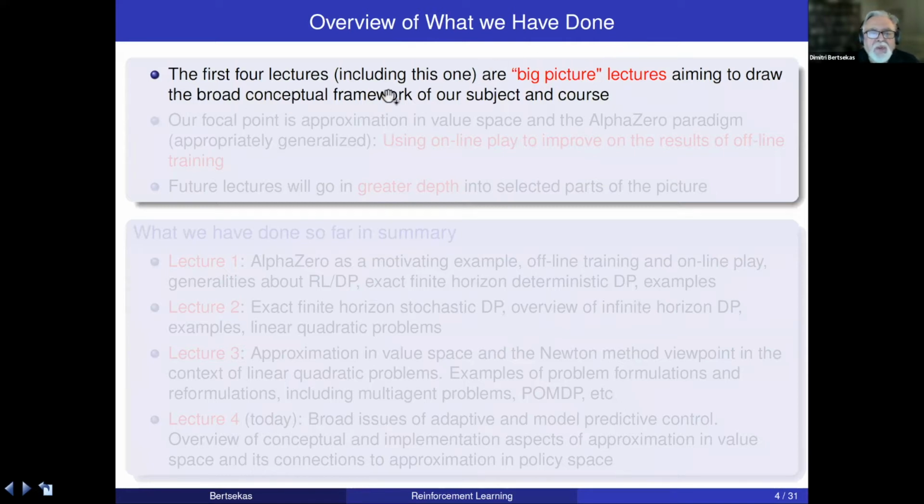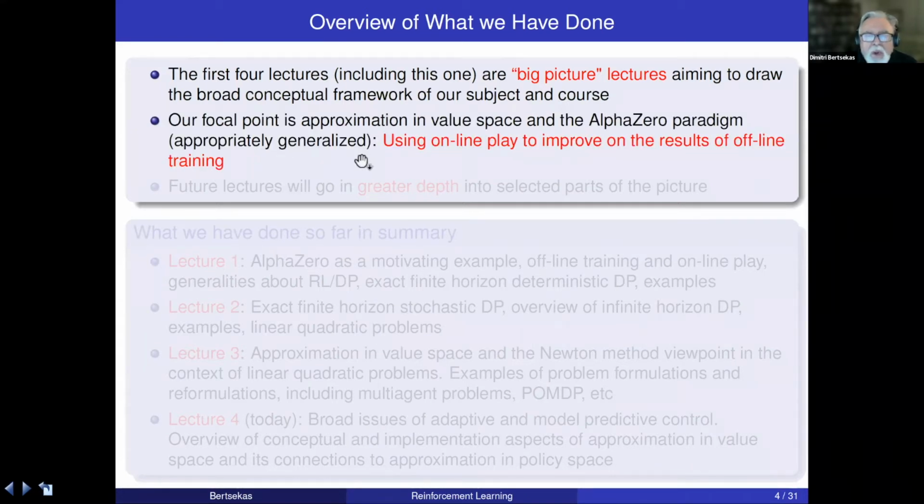The first 4 lectures of this class, including this one, are sort of big picture lectures, overview lectures that aim to draw the broad conceptual framework of our subject and also what we aim to do in this class.